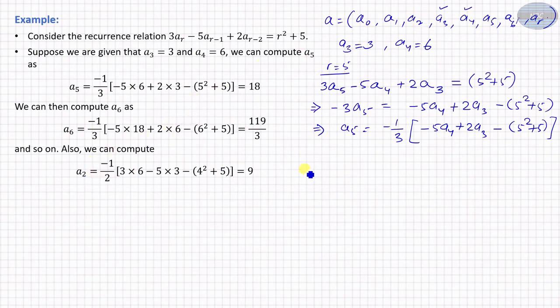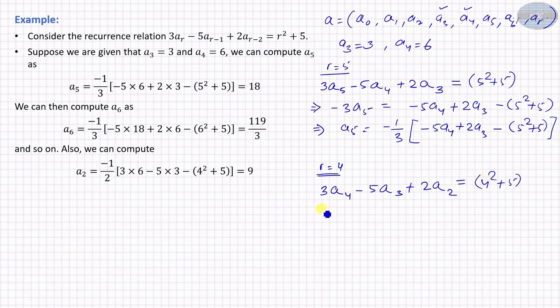See here, when you put r is equal to 4 in this particular equation, you will get 3a4 minus 5a(4 minus 1, that is 3) plus 2a(r minus 2, that is 4 minus 2, which is 2) equal to r square, with r equal to 4, that is 4 square plus 5.